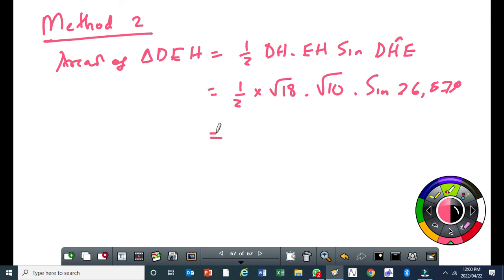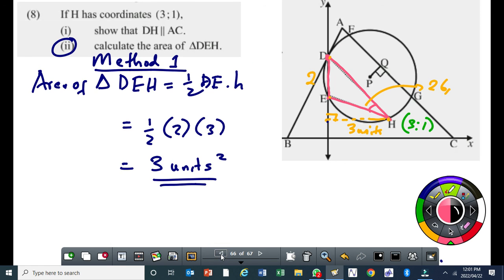What about multiplying with the half? It's 3,00. So just 3. So it will be 3 square units, which is the same answer as this.